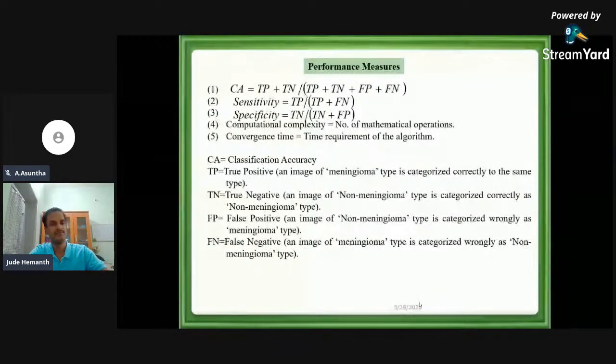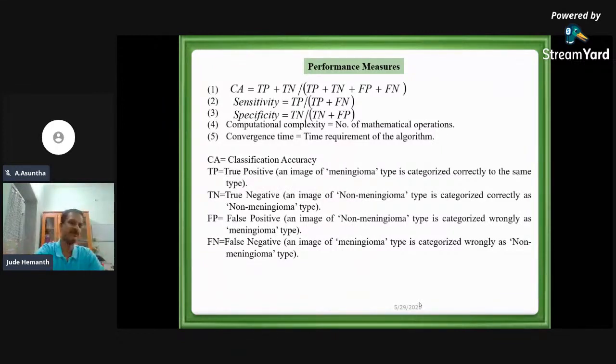The second term, positive or negative, denotes the actual situation, right? If it is positive, yes, the patient is suffering from that disease. The first variables, true or false, denote your approach's result. So true positive means the patient is actually suffering from the disease, and your method has also correctly identified that the patient is suffering from that specific disease.